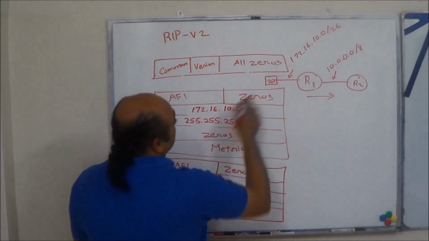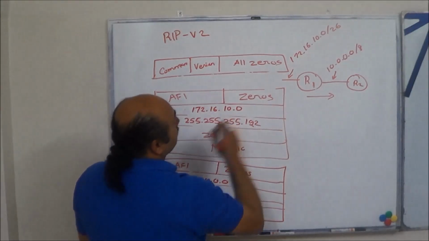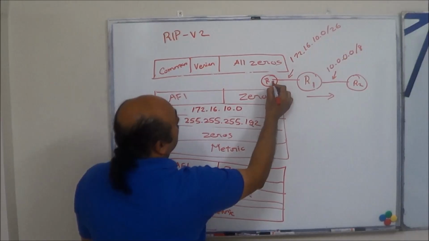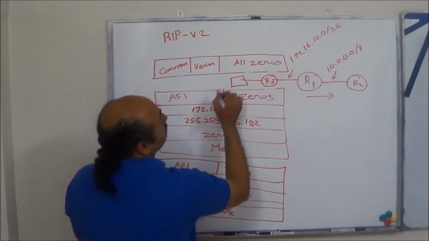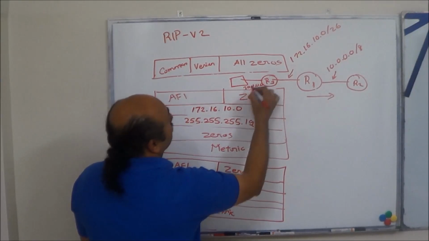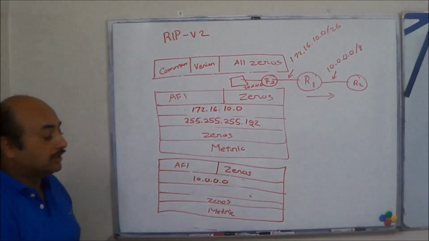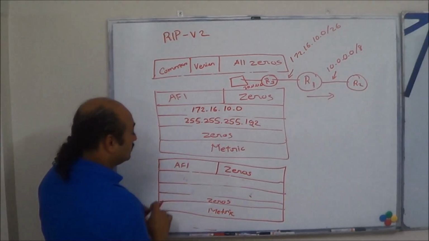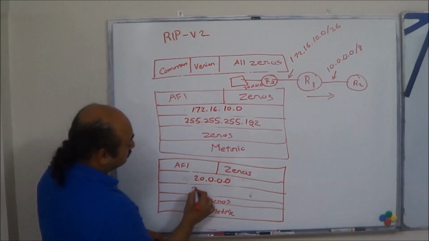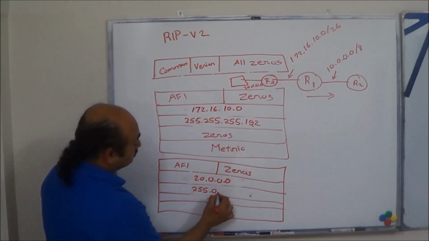Or let me put that instead of this. What is there here? There is another router, R3, and there is a switch here. This is what network? 20 network. So let us say that. So what will this send? 0.0.0.0.